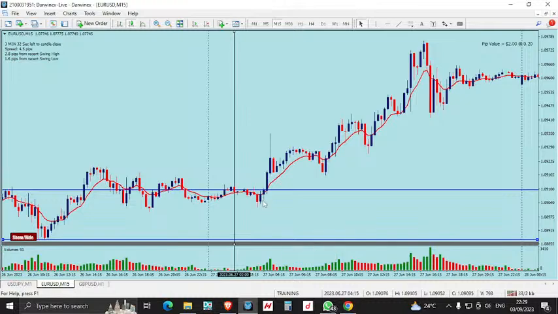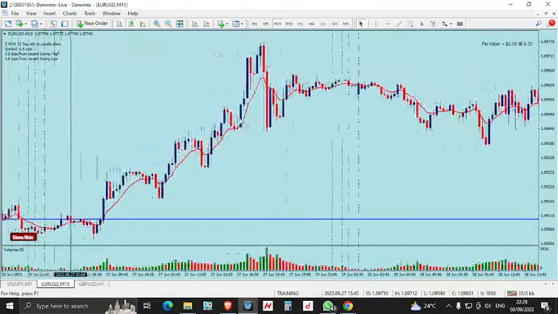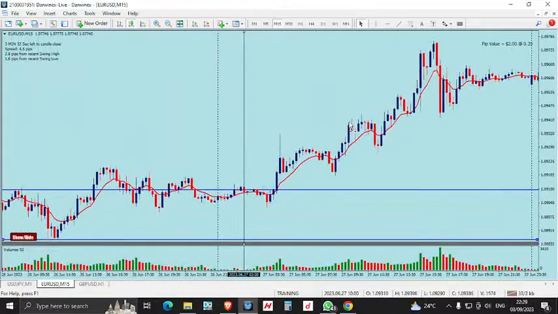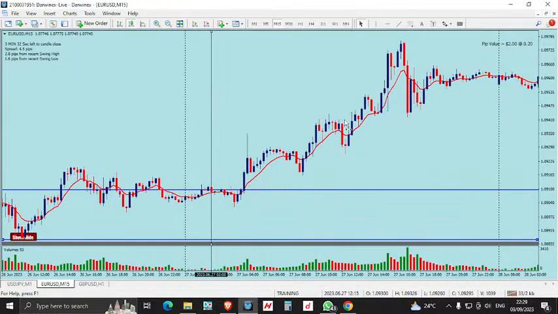So 909 minus 887 will give us about 28 pips, assuming we are wrong. Since we get 28 pips, we should be targeting like 28 times 3, or at worst 28 times 2, which will be 56.